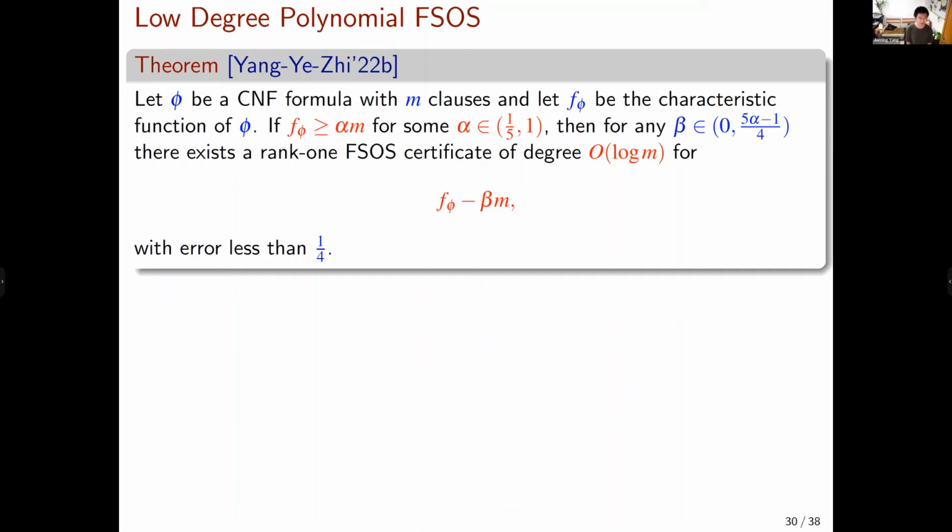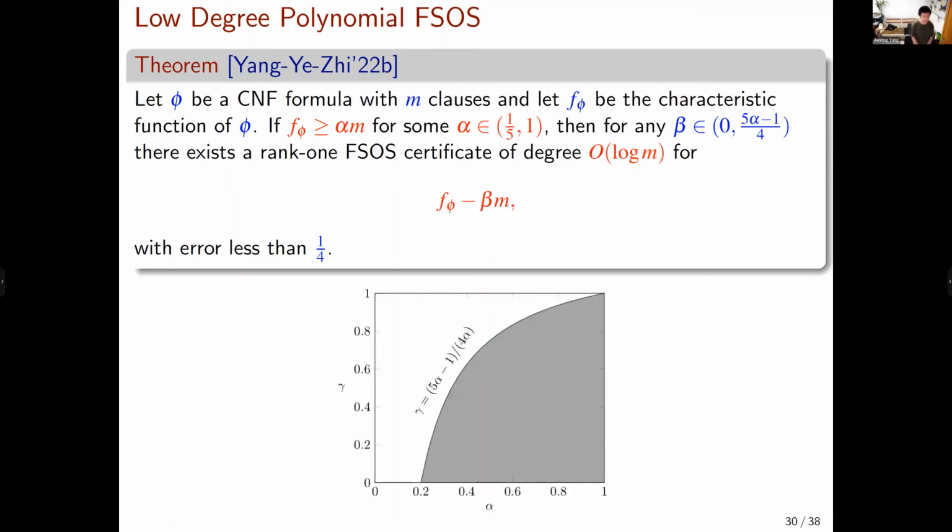If f is at least alpha times m for some alpha greater than 1/5, then for any beta greater than 0 and less than (5 alpha minus 1)/4, there always exists a rank 1 Fourier sum of squares certificate of degree O(log m) for the function f_phi minus beta times m with error less than 1/4. We interpret this theorem with this figure: the CNF formulas in the shaded region have a low degree rank 1 Fourier sum of squares.